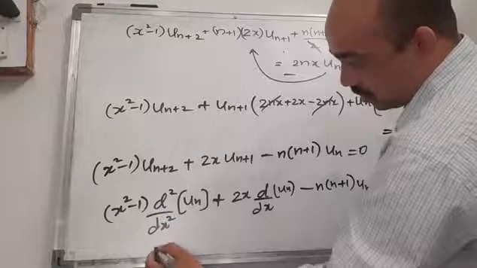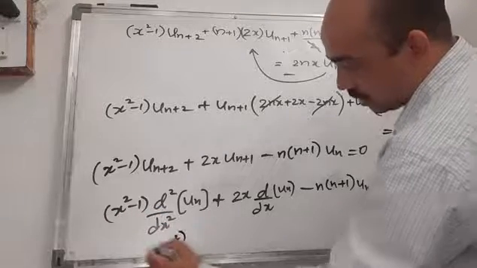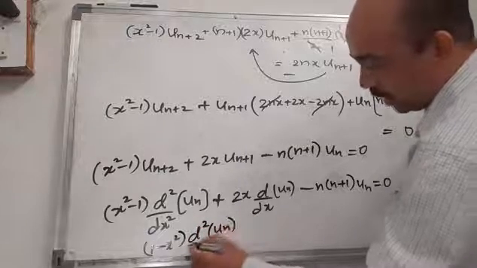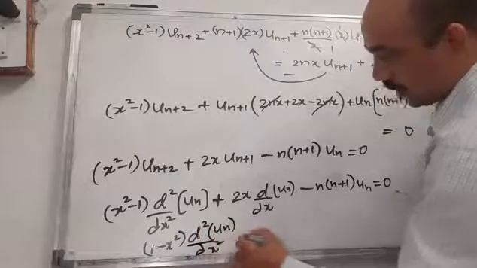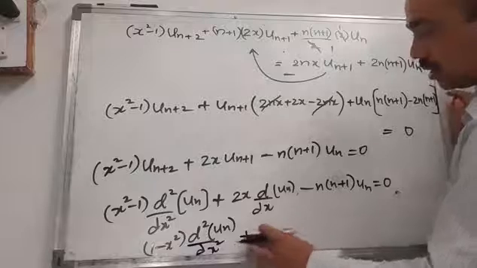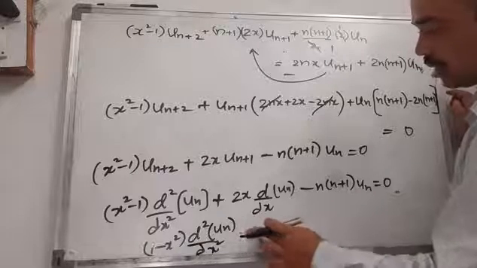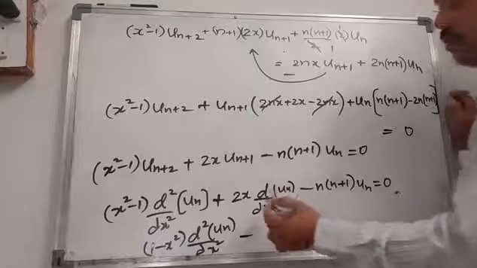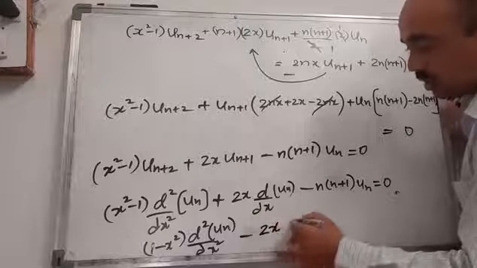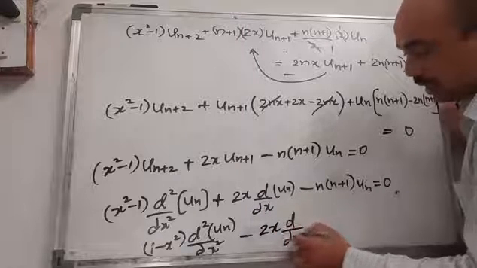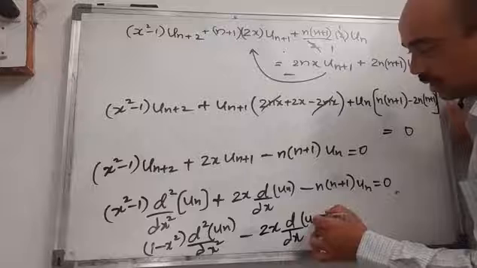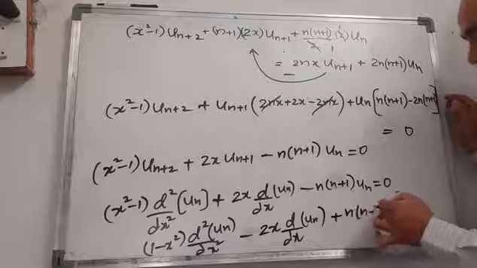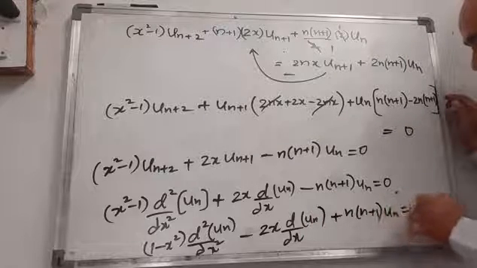Minus 1 is there, plus 1 it will be. So (1 minus x square) d square un by dx square, plus becomes minus because we are multiplying with the minus sign, so minus 2x d by dx of un, plus n into (n plus 1) into un is equal to 0.